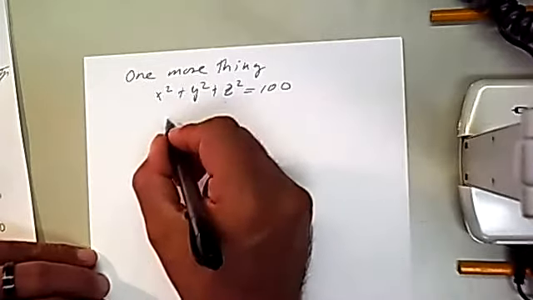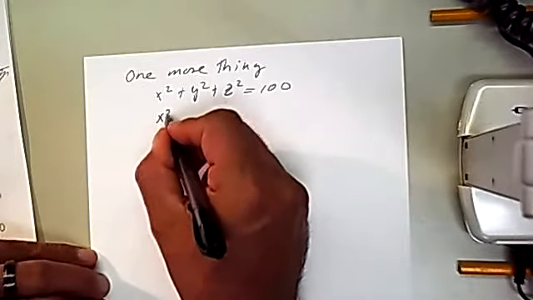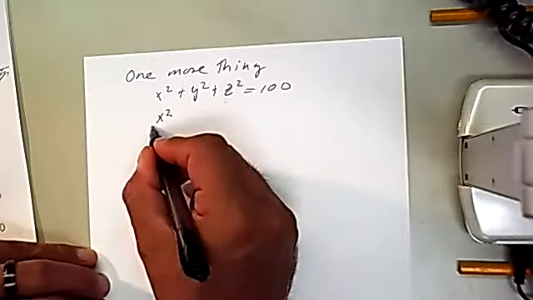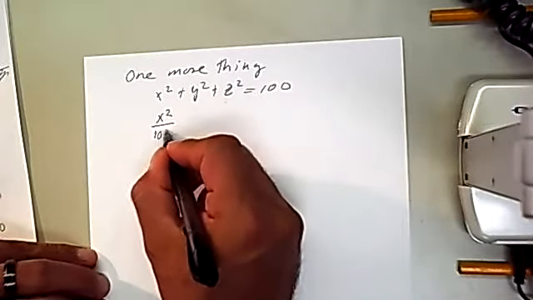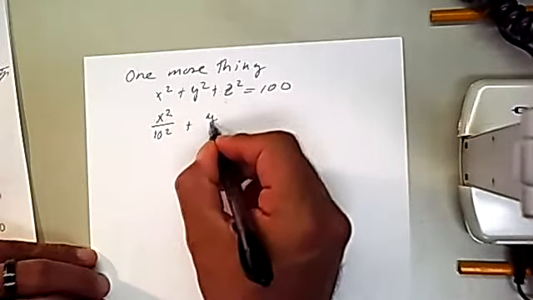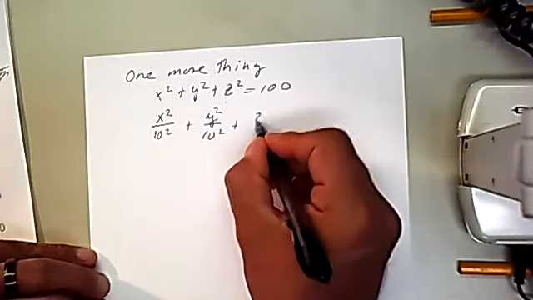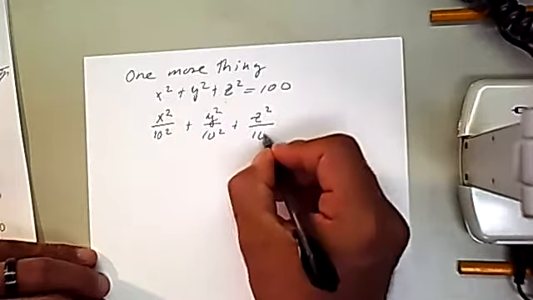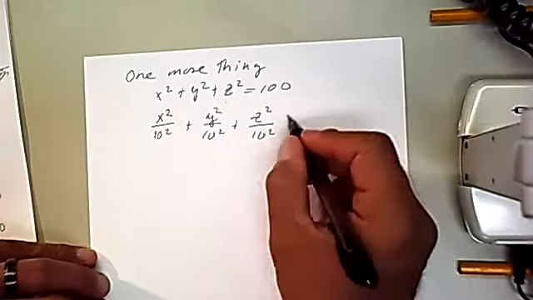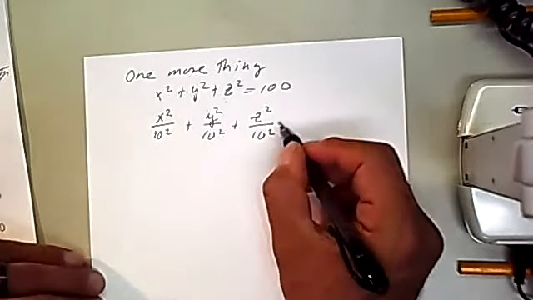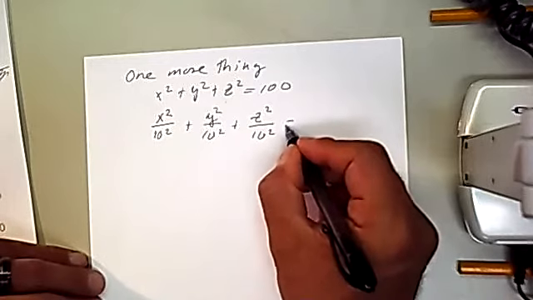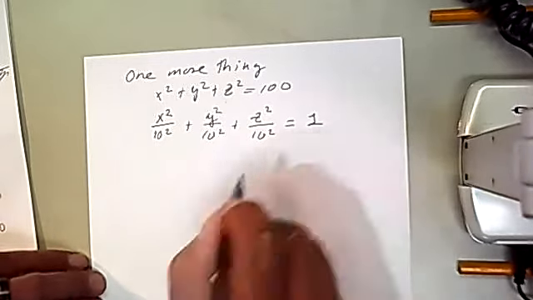Sometimes it will be convenient to divide by 100 and rewrite this as (x over 10) squared plus (y over 10) squared plus (z over 10) squared, which equals 1.